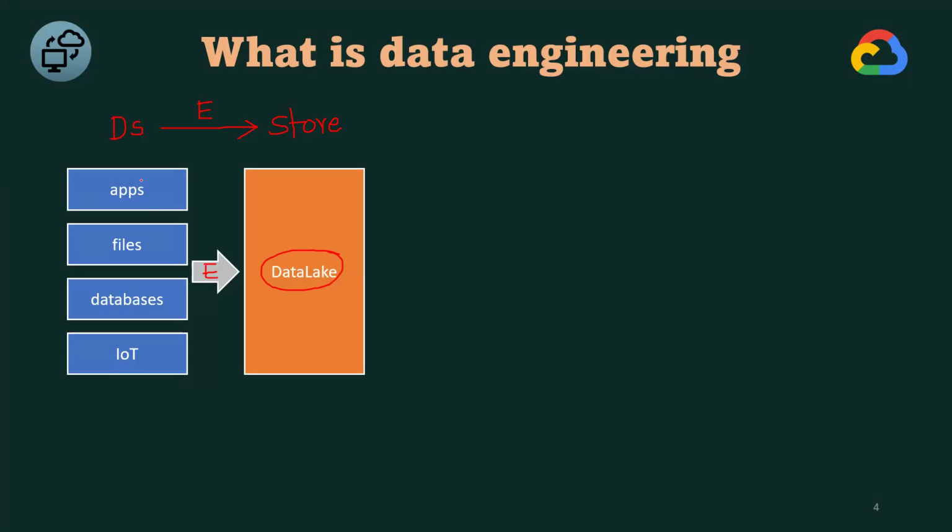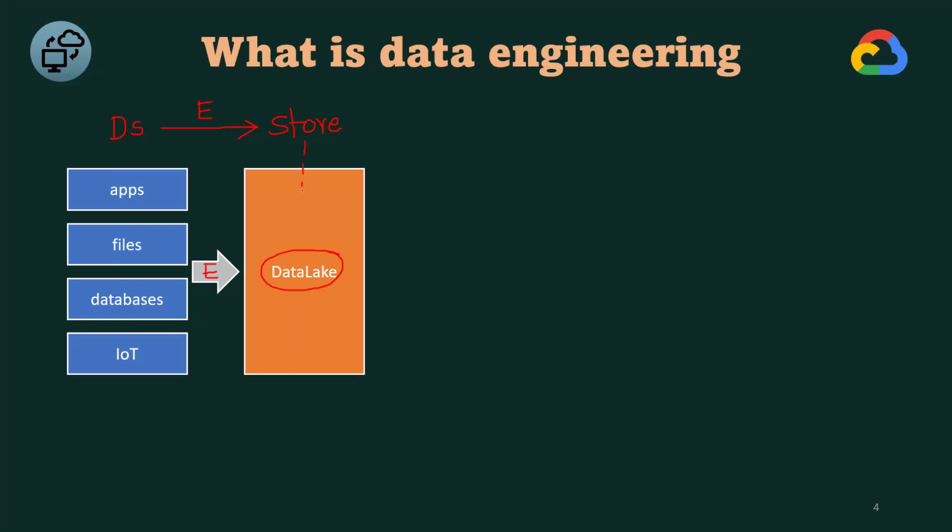See here, this application may be running on some server. This data may be on some other platform, some other storage devices. This database is running on some other server. So if I want to analyze the data, it has to be in a single location. That's the reason we extract the data from these multiple data sources and store it in a single location.